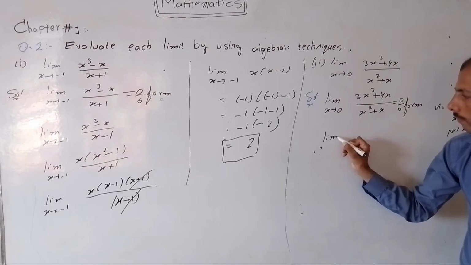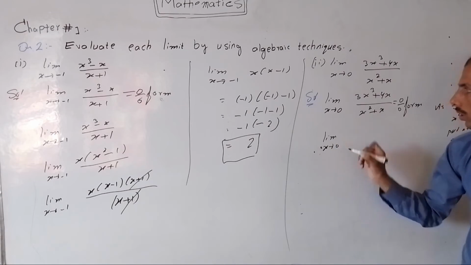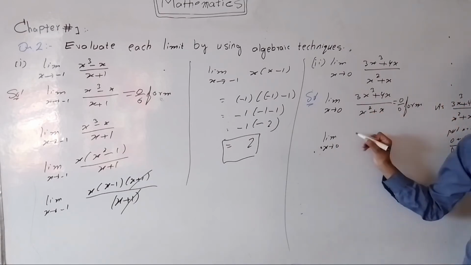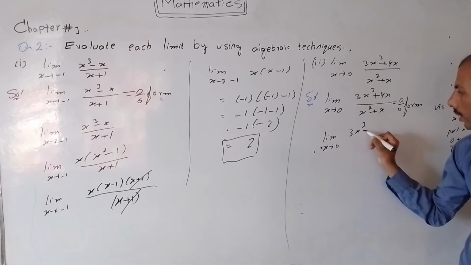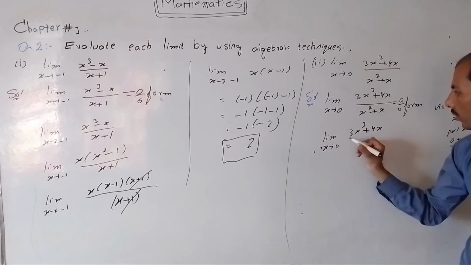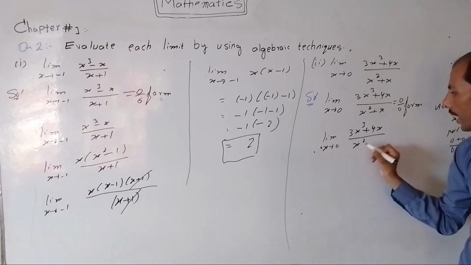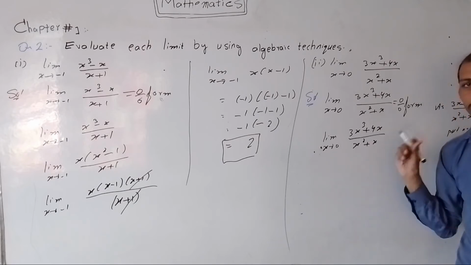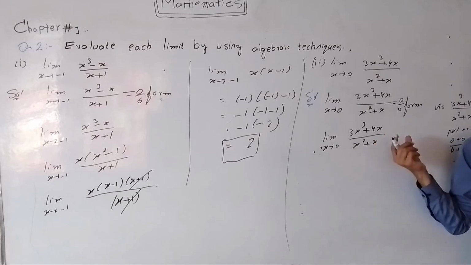Limit x approaches to 0, 3x cube plus 4x whole divided by x square plus x. So we rationalize numerator and denominator terms.